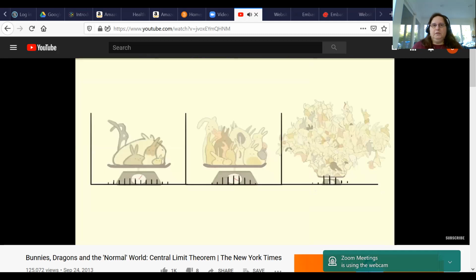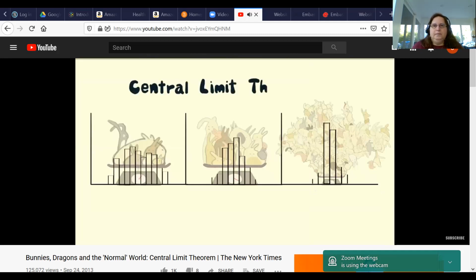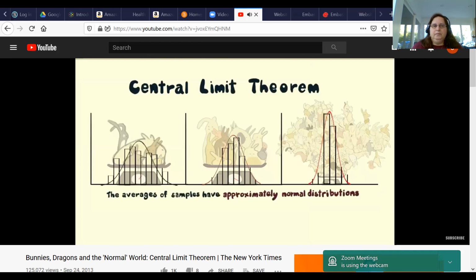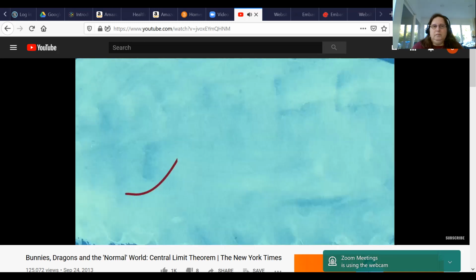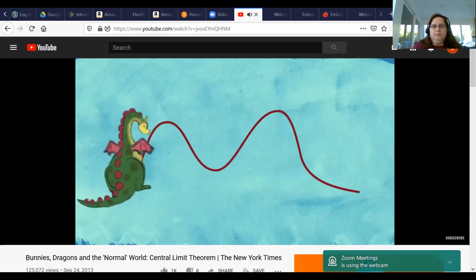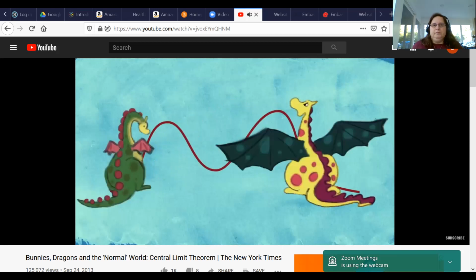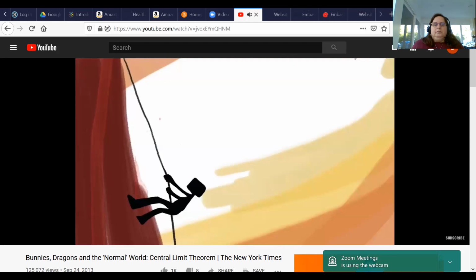What our brave ecologist has just demonstrated is the central limit theorem. The averages of samples have approximately normal distributions. If the sample size increases, this distribution of averages becomes more normal and narrower. What if the population distribution is not normal to begin with? For example, the distribution of dragon wingspan is known to be bimodal.